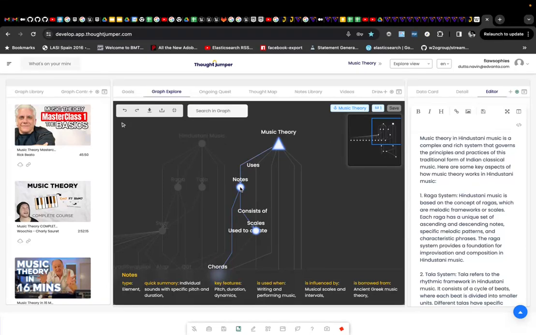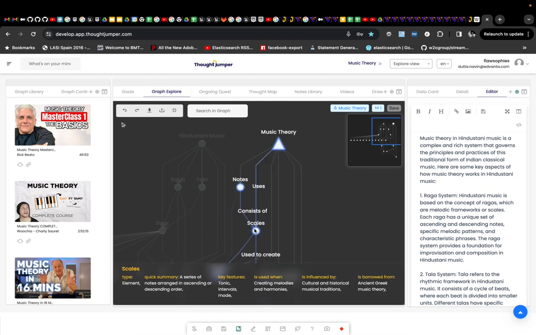Notes are usually the sargam in the Hindustani music, and in Greek music and English music, it has been determined by C, D, E, F, G, A, B, C. These are names given to specific frequencies. When the notes are pulled together in certain formats using certain rules, those are known as scales.